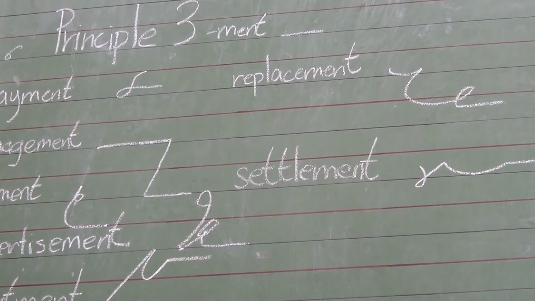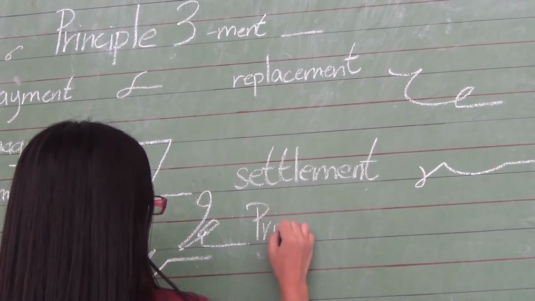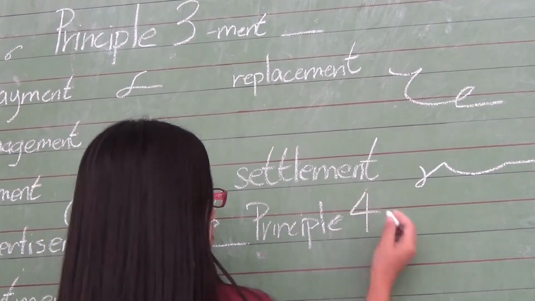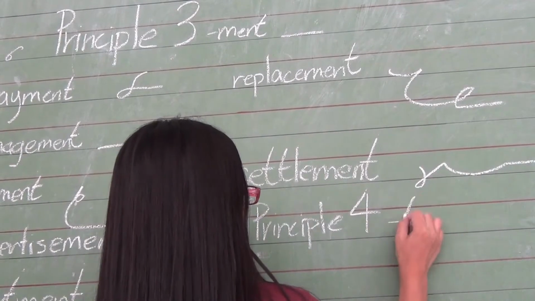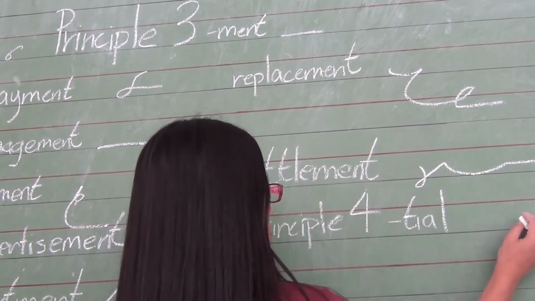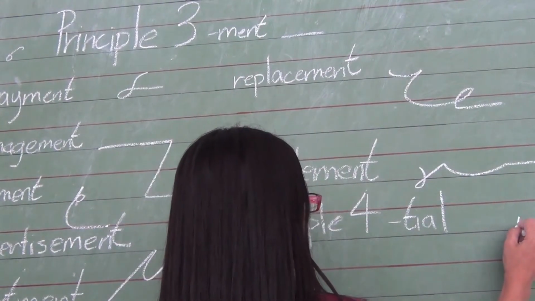We have principle number 4, the word ending cial. It is represented by each stroke.